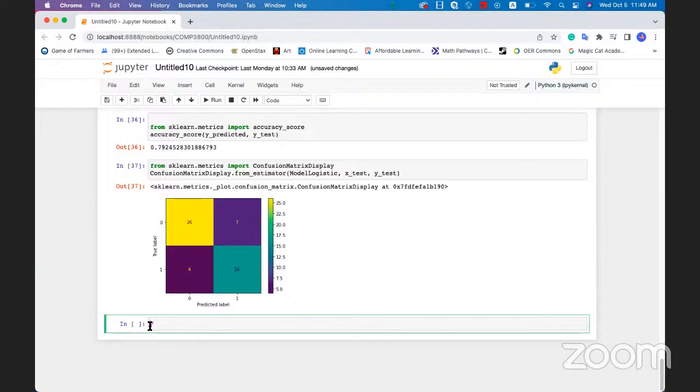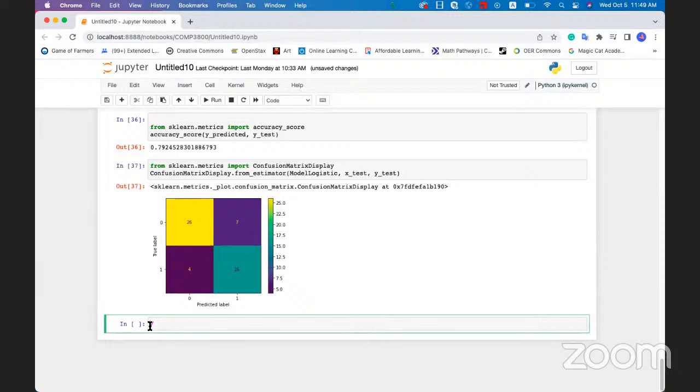Yeah, so the accuracy score is the correct cases divided by all the cases. But here, which numbers represent the correct cases? Yeah, these are the correct cases. It's observed 0 and predicted 0, and observed 1 and predicted 1. So these are the correct cases, and these are the wrong cases.